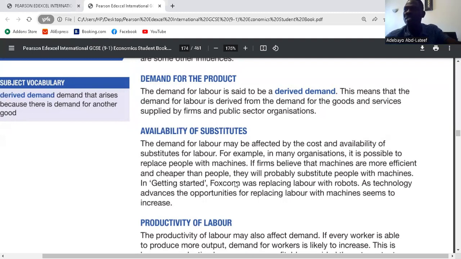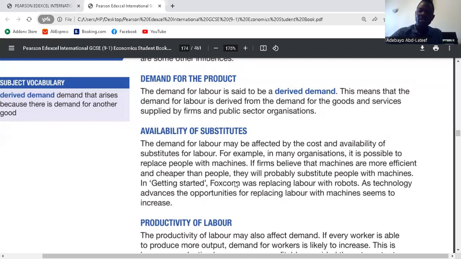So that is what derived is about. So workers are employed based on the fact that they have a job to do. Is it clear now? So that means workers will be employed whenever there's need for them to carry out a specific task. So that's what demand for labor is derived from.